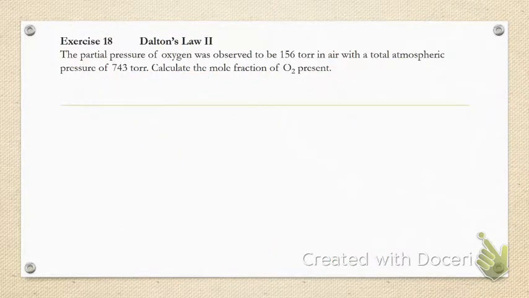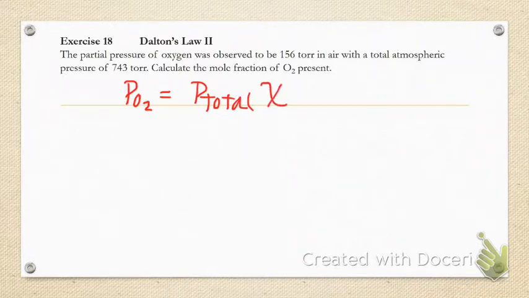The next problem tells us that the partial pressure of oxygen was observed to be 156 torr in the air, and you have a total pressure of 743 torr. Calculate the mole fraction of the O2 present. We had that formula earlier, so PO2 is equal to P total times the mole fraction, which is a funny looking X, which is chi, I believe.